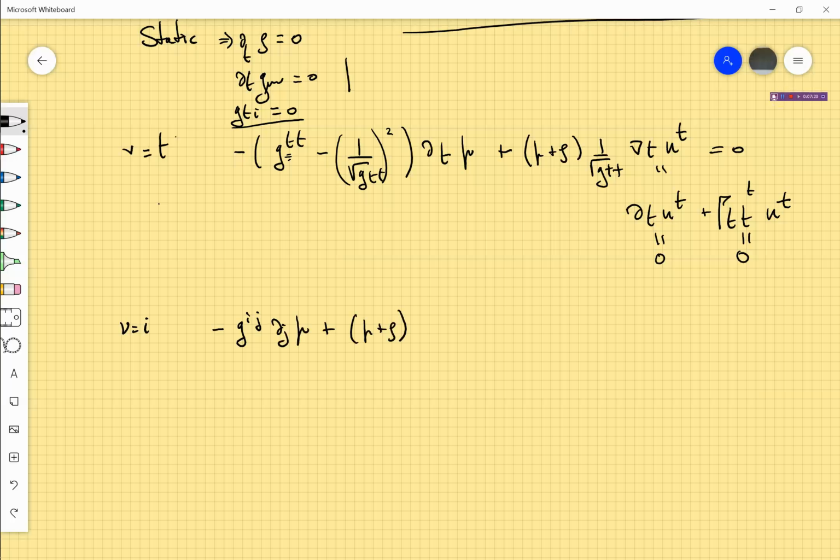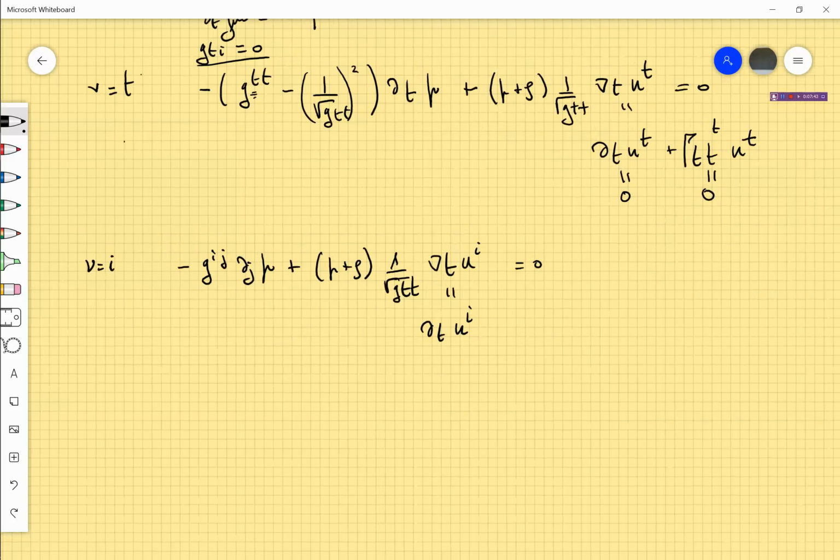Here we have u^mu nabla_mu, and we have the same as before, 1 over g_tt, and nabla_t of u_nu, which is in this case u_i. But okay, this is partial_t u_i. You would be tempted to set this automatically to 0 because you say that this is u_i and the u_i is 0. But as I have said several times before, really you should read this as nabla u and the components t and i of this thing, which do not have to be 0.